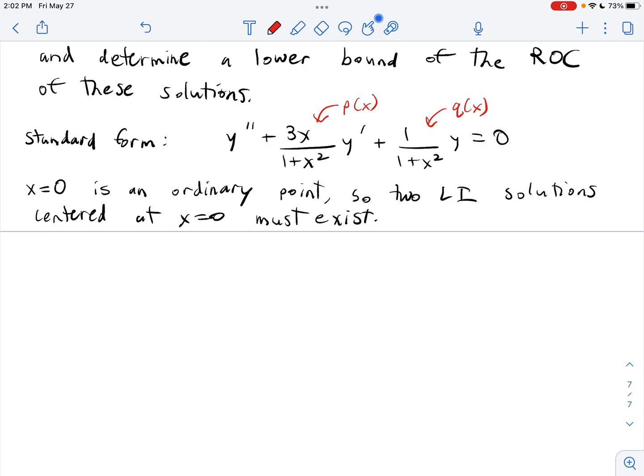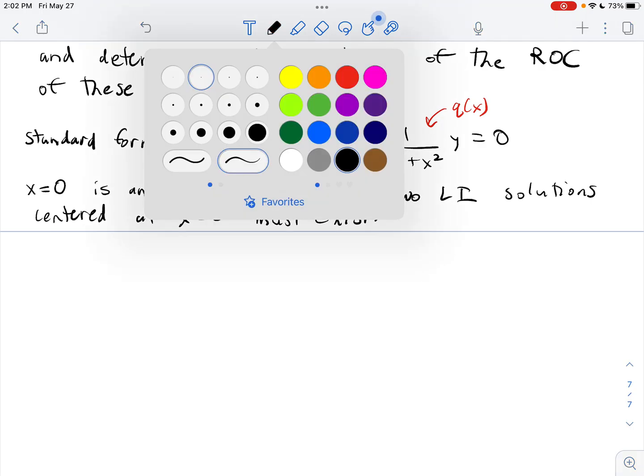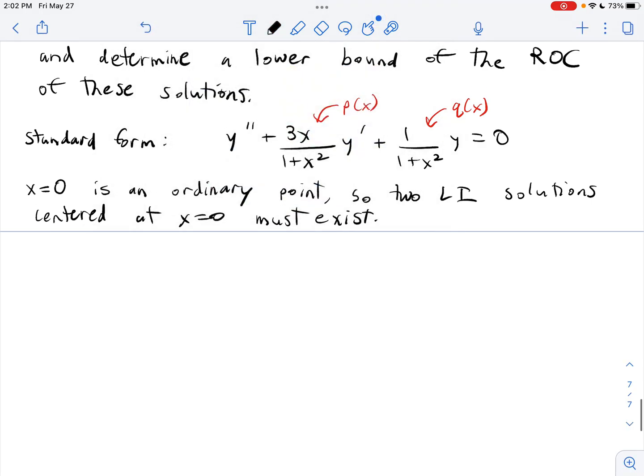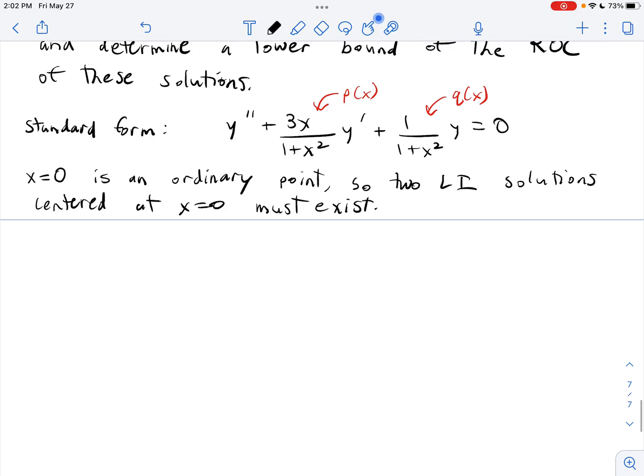So we practiced doing this in 11.1. P of x and Q of x have the same denominators, and so because of that, we only have two bad points. The two non-analytic points are plus or minus i.